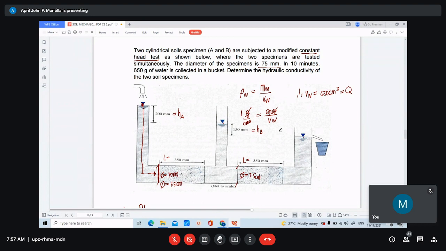Sabay-sabay. Sabay-sabay ba pumasok yung tubig sa soil A at soil B? Hindi. Diba? Yung tubig from this point sa taas, papasok muna kay soil A and then lalabas siya doon, saka papasok kay B. And then lalabas, nandito yung outflow.